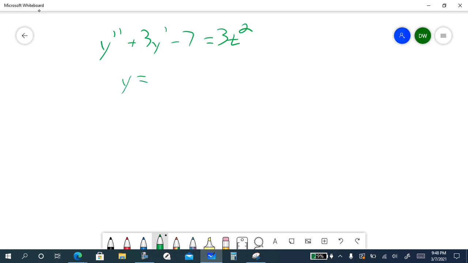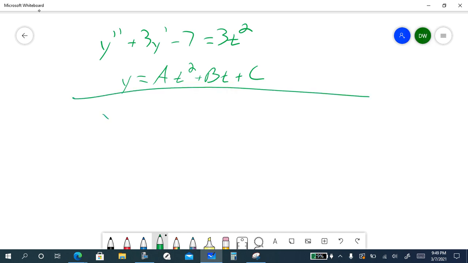Then we're not just going to let y be a t squared. We're going to assume that our solution may contain not only the second degree term, but also every possible term down to t to the 0. So we could have bt, or we could have a term without a t in it.